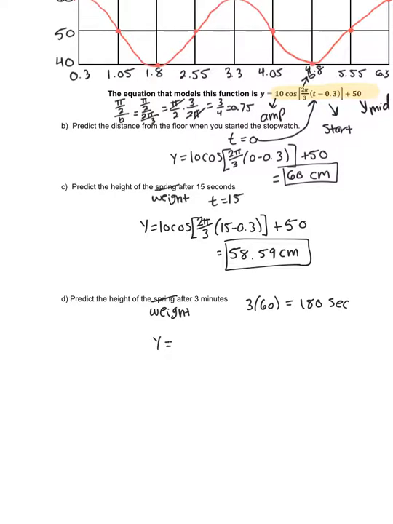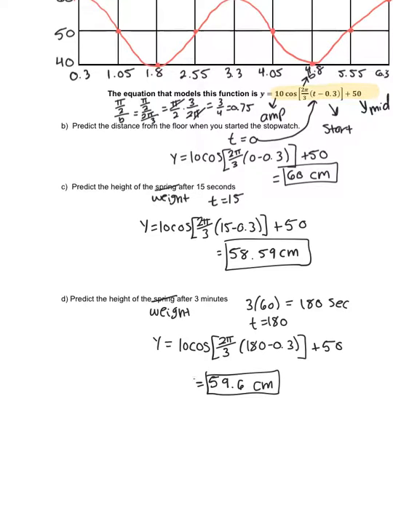So I'm going to be substituting time is equal to 180 into my equation. Okay, and that is going to give us about 59.6 centimeters. I guess I should put the about equal to because these aren't exact.